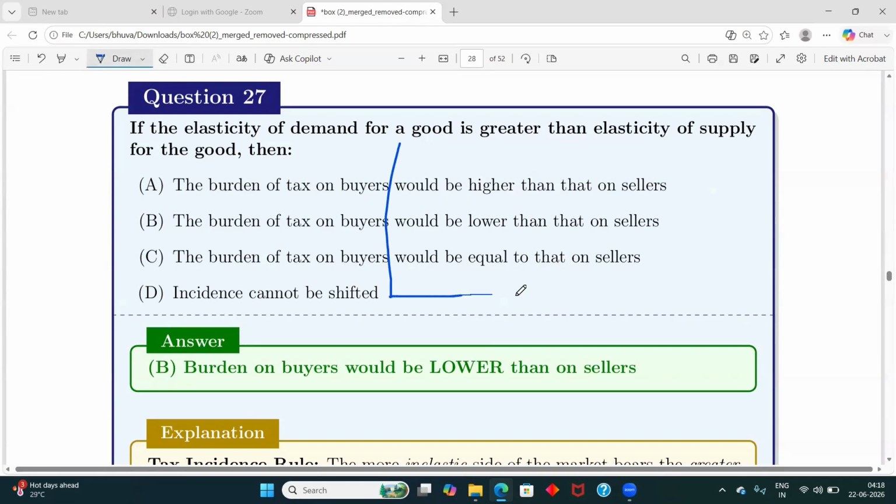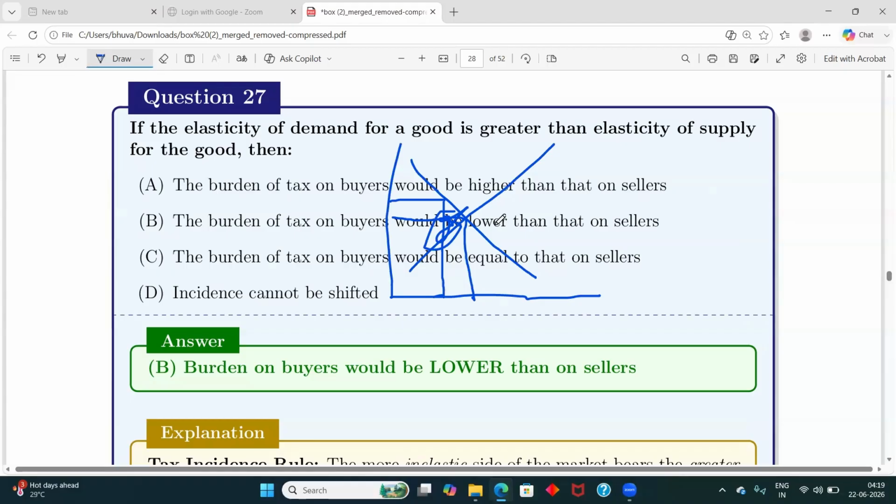This is the graph. This is demand and supply. Now impose a tax. It will shift this way and quantity will decrease. This is the area of government revenue, and the elasticity of demand is greater than the elasticity of supply.